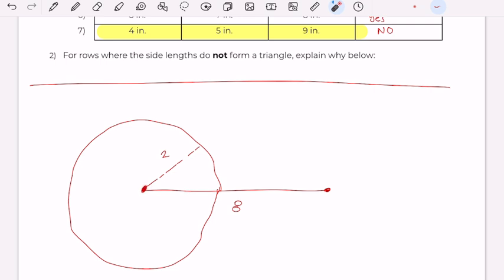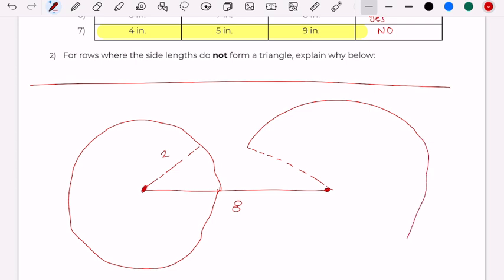Now, I am going to grab my compass again. I stab the other endpoint, and now I'm going to draw a circle of radius 5. So this circle measures 5 centimeters, 5 units, whatever you want.